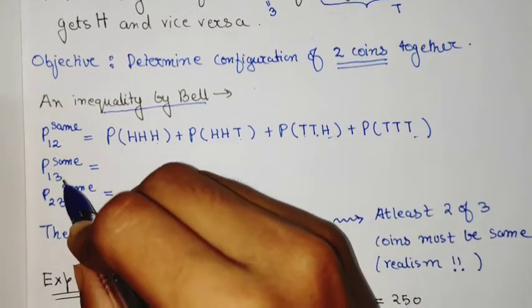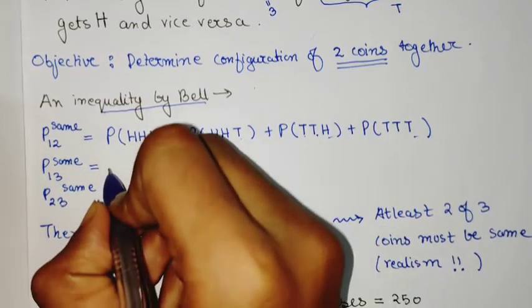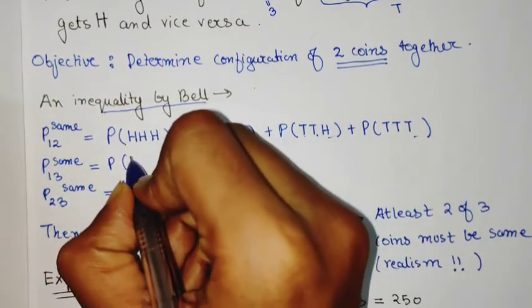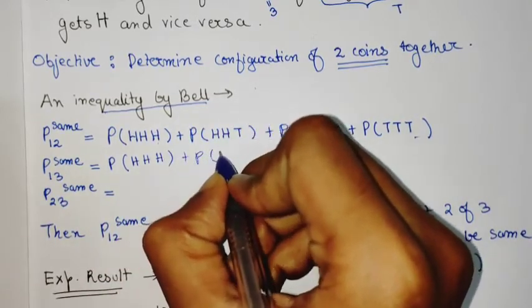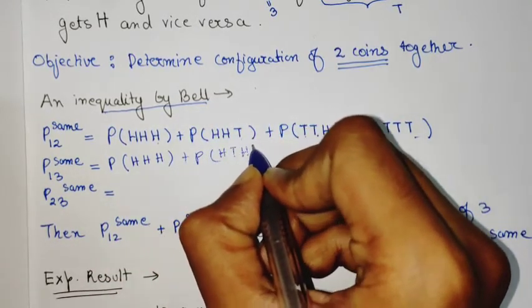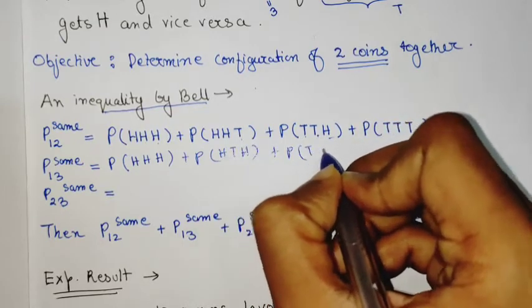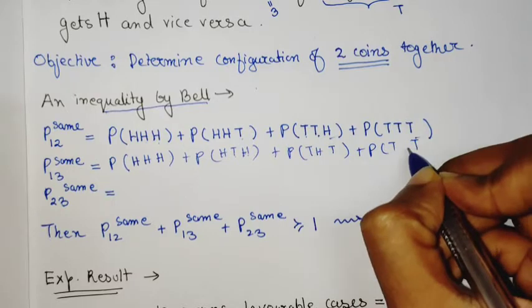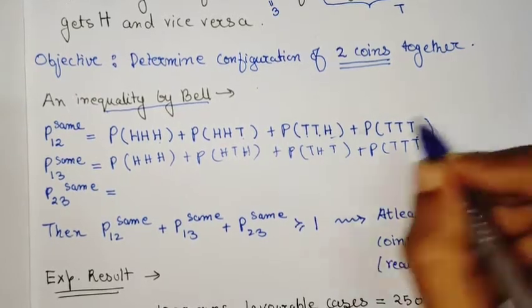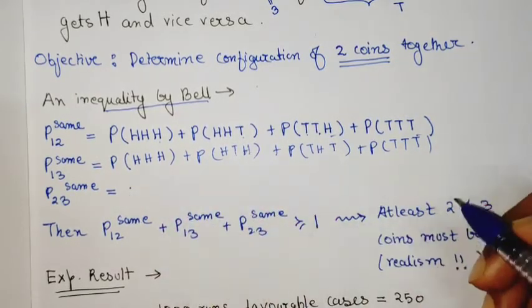And similarly, we can do the same thing for coins 1 and 3. It will just be the probability head, head, plus probability head, tail, plus probability tail, head, plus probability tail, tail. Like this we can do for the third pair.